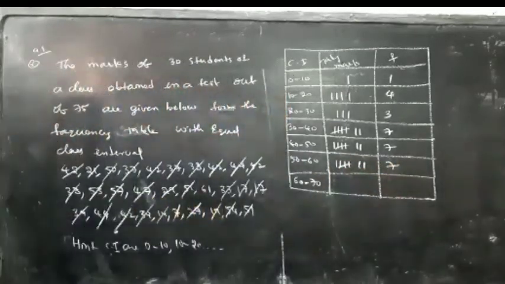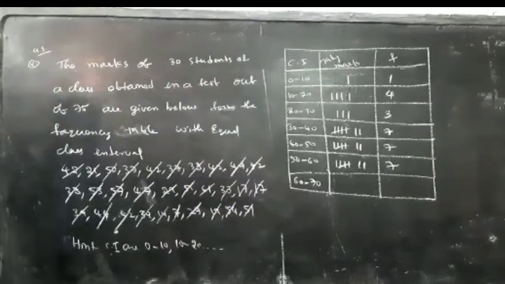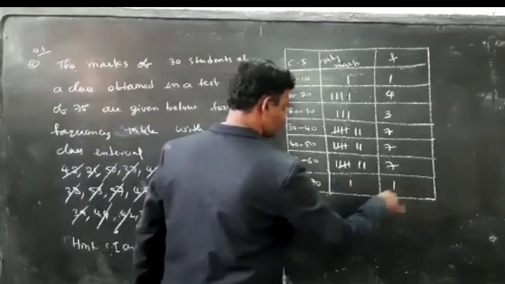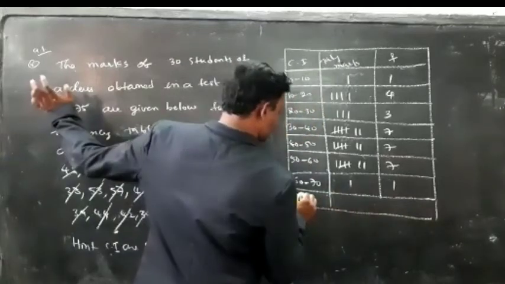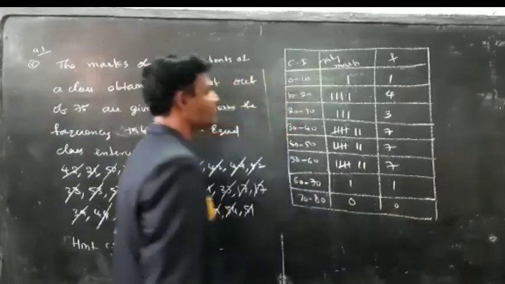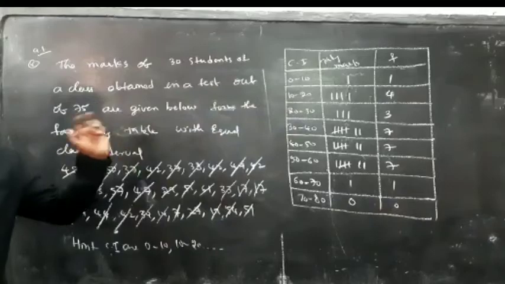Next, between 60 and 70: 1 student. Next, 70 to 80? Because the highest mark is 75, there are 0. So this is called the grouped frequency distribution table.